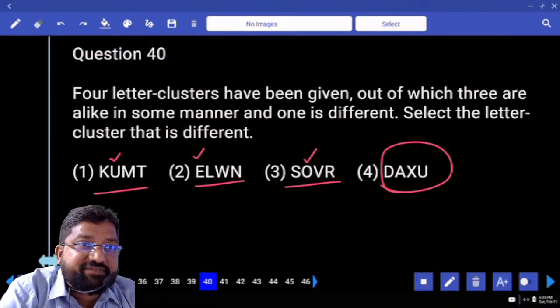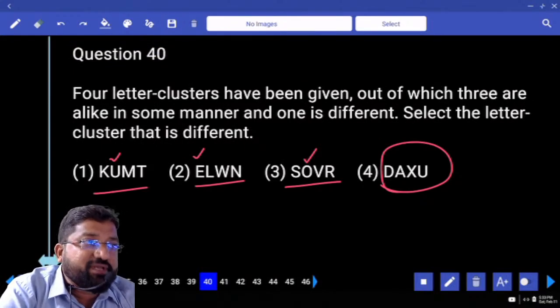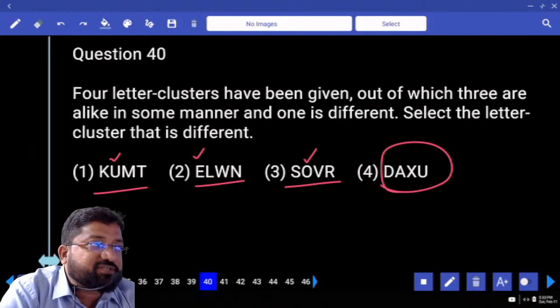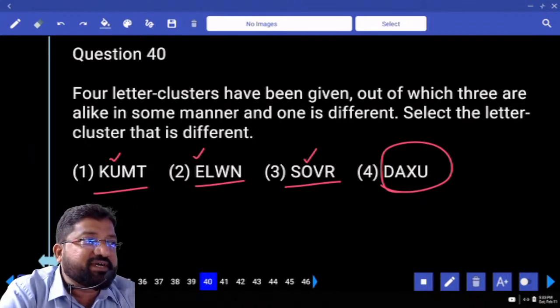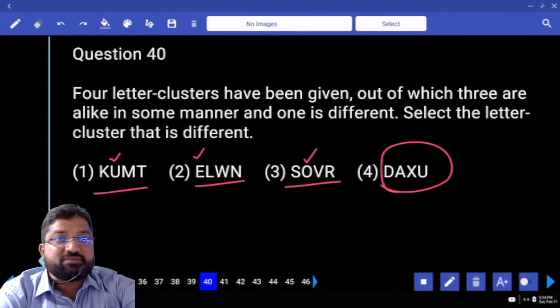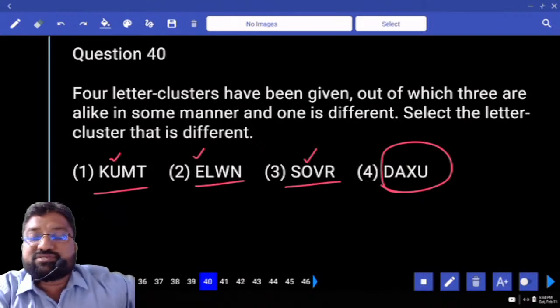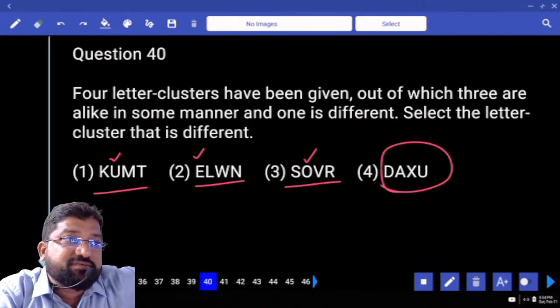When I take the differences, I don't get the answer. There is no consistency between the options. When I go for opposite letters, when I go for corresponding letters, every logic I have tried and I'm not getting the answer, then there is only one logic that you are supposed to think of, and that is vowels and consonants. Vowels and consonants.